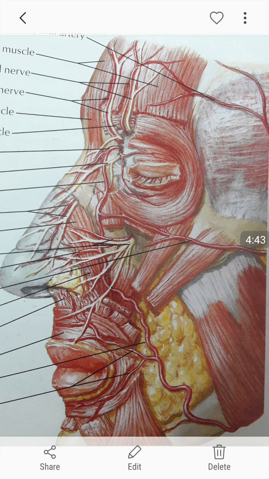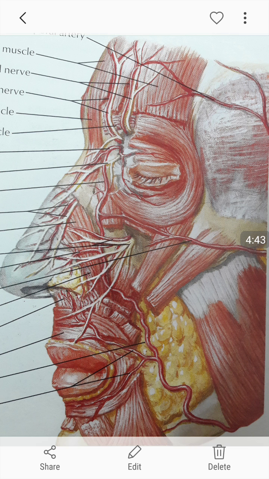Look at this facial artery, it passes beneath the zygomaticus major, zygomaticus minor, then the levator labii superioris. So this artery is passing under these muscles. These muscles have been cut just to show the pathway of the facial artery beneath them.